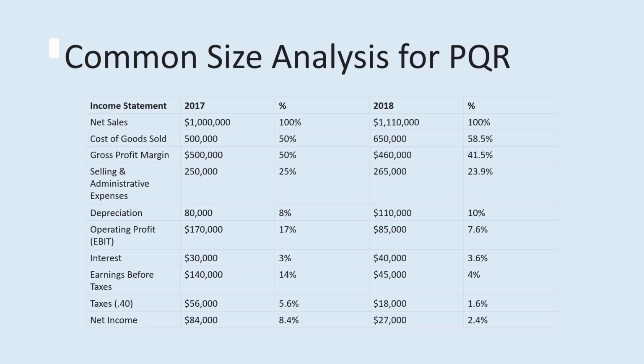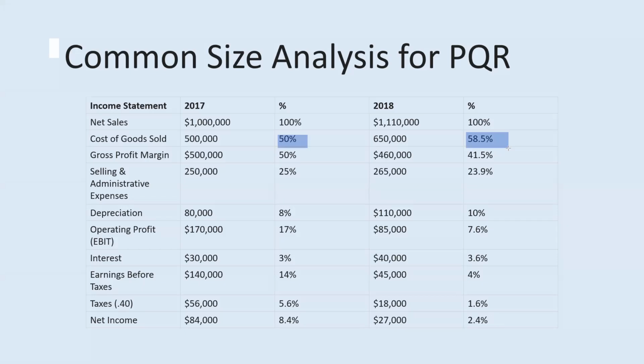So now let's see the interpretation. Here, what are the changes you can identify? So here you can see cost of goods sold. In 2017, it is 50%, but in 2018, it has increased. So what are the reasons?